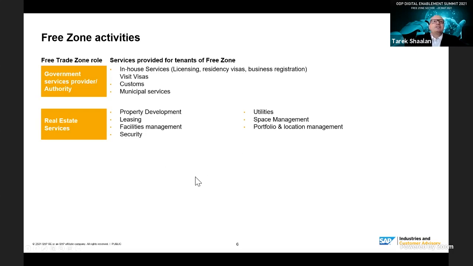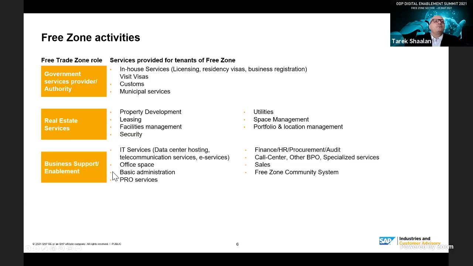The new thing is, in order to compete in this market, there are lots of things. One of them is business support and enablement: how to enable your tenants by providing extra services that will differentiate your free zone from others.